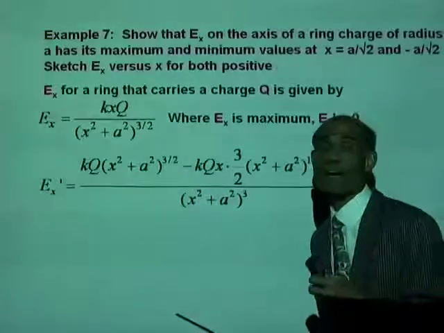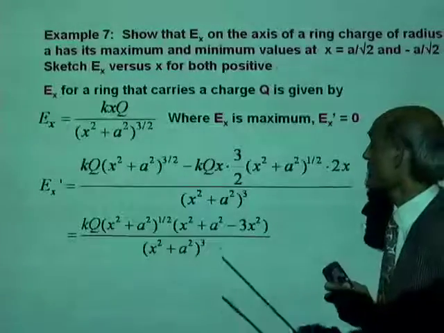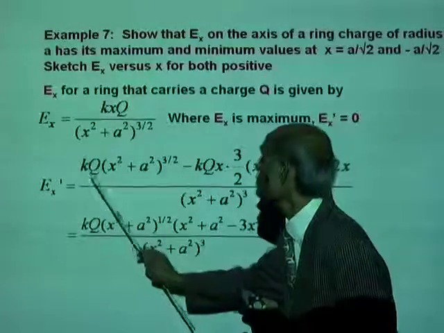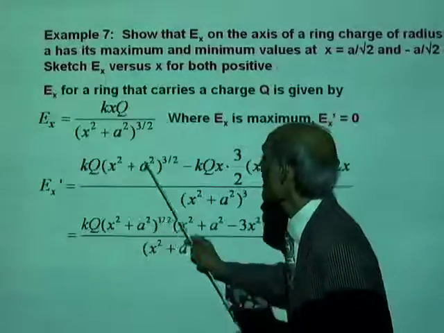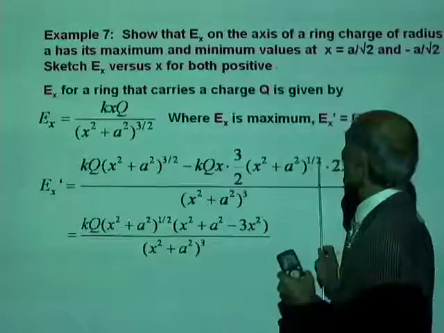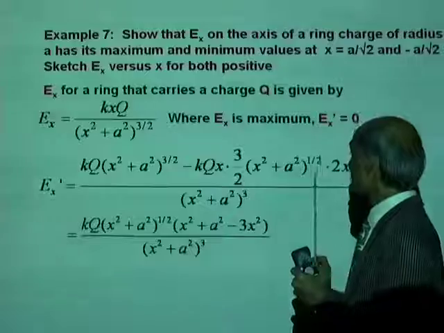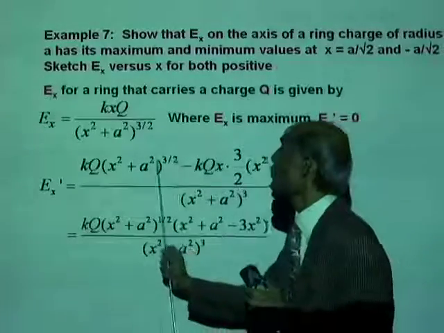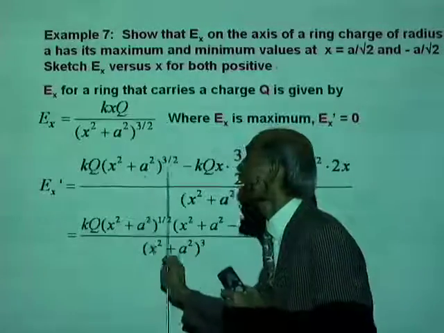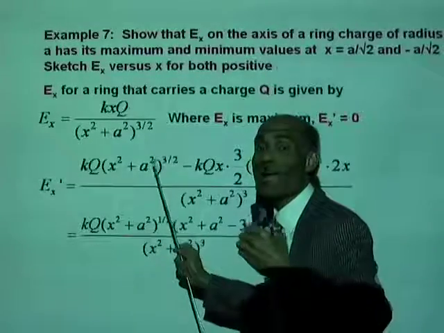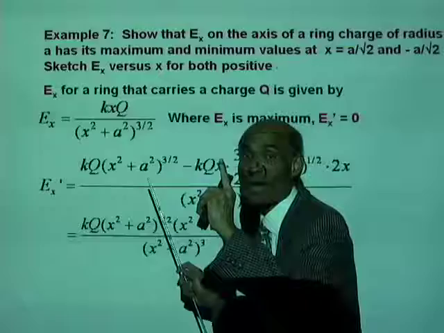Let's simplify this. Now look at the way I simplified it. I took out kq times (x squared plus a squared) to the power of 1/2. Can you understand that? When you take it out from a 3/2, when a 1/2 comes out, there is 1 left.